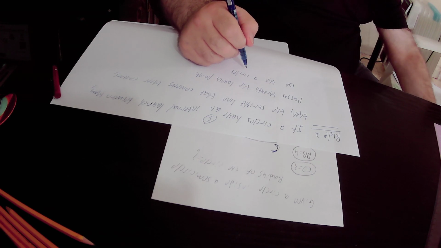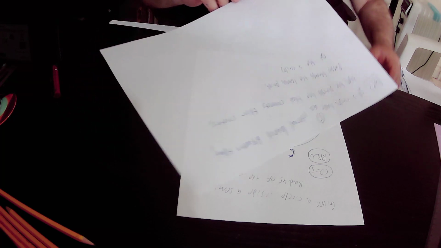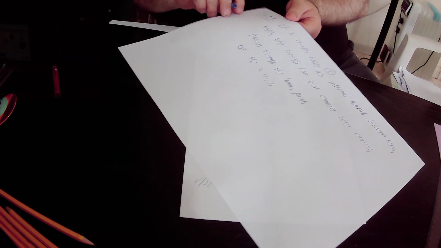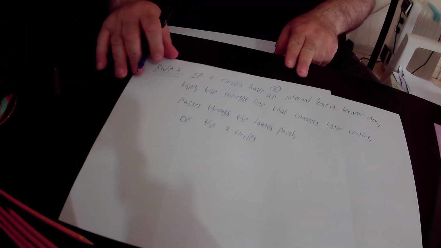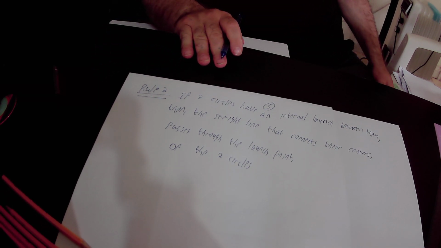Okay, so I'll read rule number 2 again. According to rule number 2, if two circles have an internal touching between them, then the straight line that connects their centers passes through the launch point.